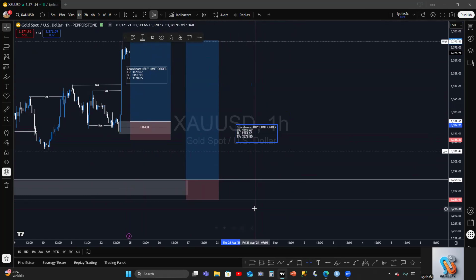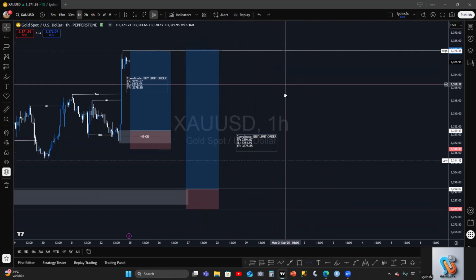So our entry point is 3294.07. Then the SL is 3281.99.